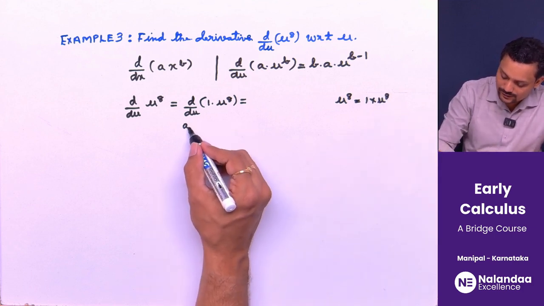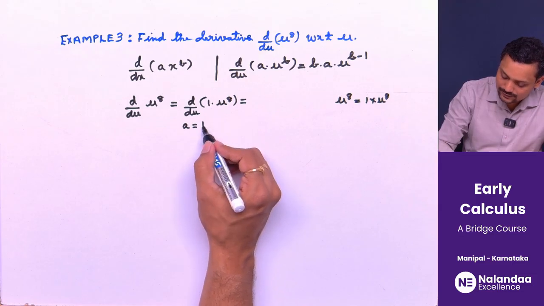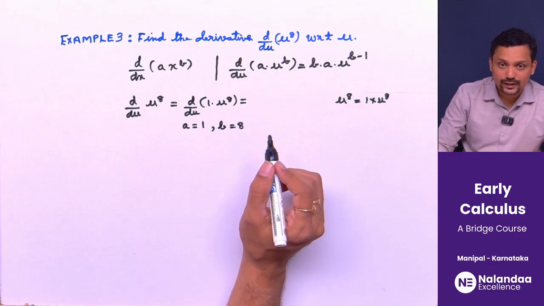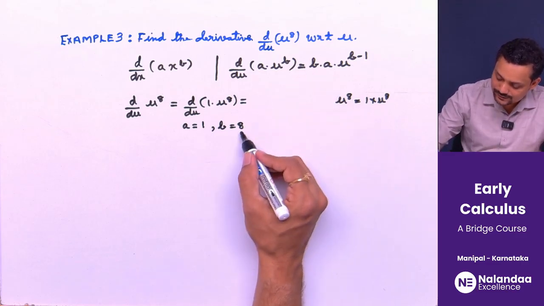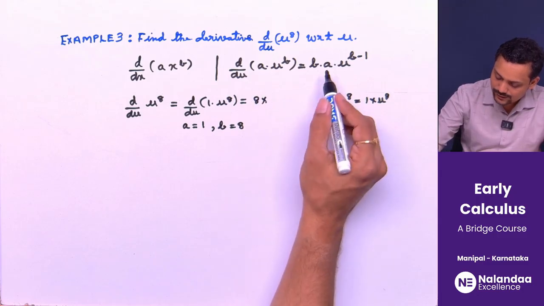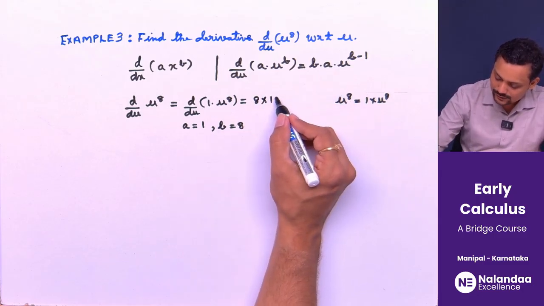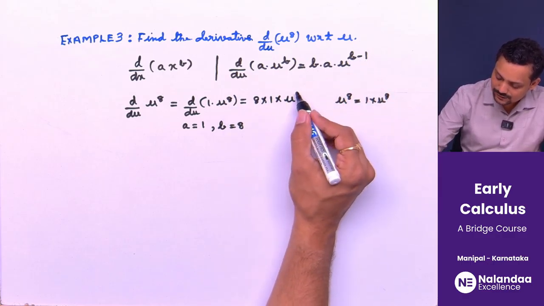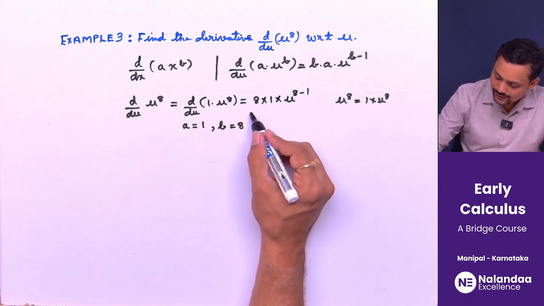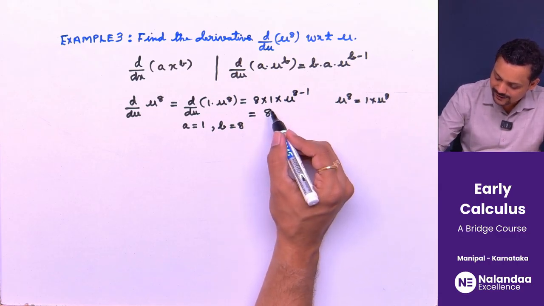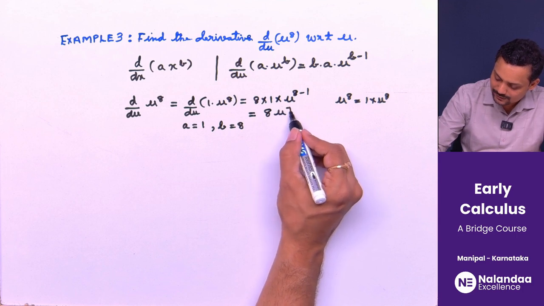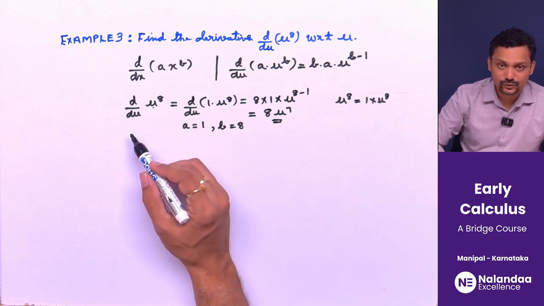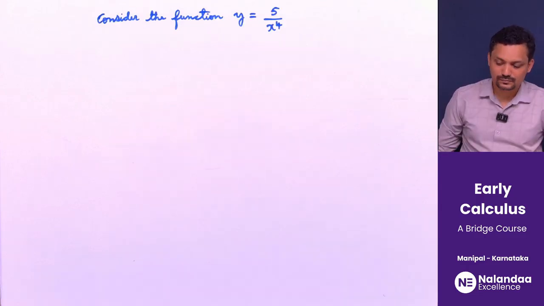So therefore here a is 1 and b is 8, and according to this formula it is b, that is 8, into a, 1, into u power b minus 1, that is 8 minus 1. Hence we get the answer here as 8 into u power 7. So this is the derivative of u power 8 with respect to u, that is 8 u power 7.